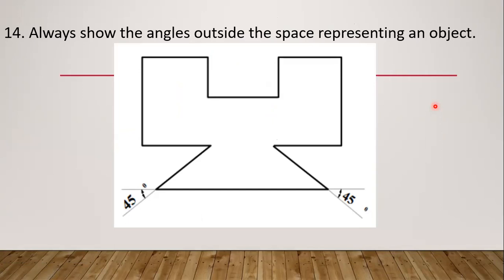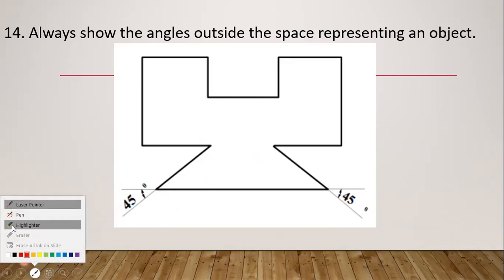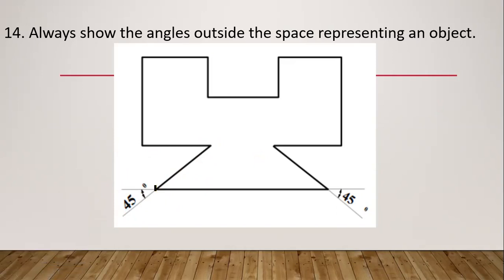Then there's also the rule to always show the angles outside the space representing an object. So we have this 45-degree angle outside. This angle is describing this and this.